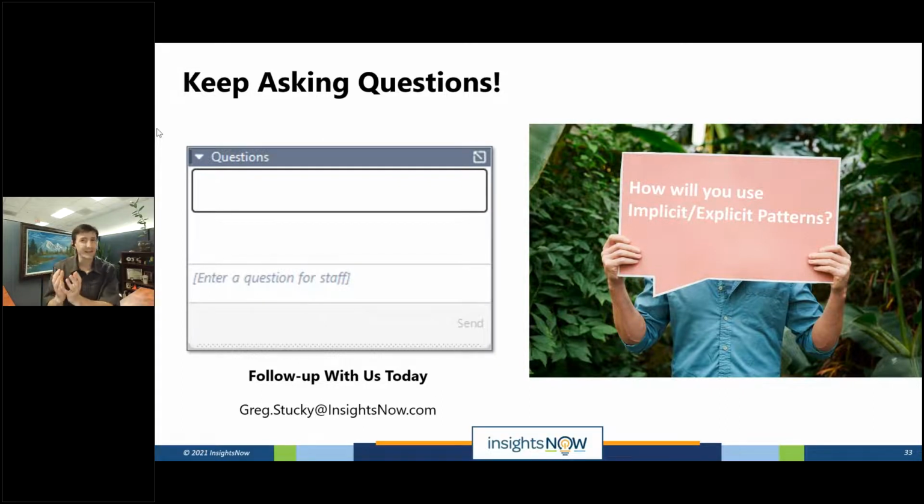Is 20% of the people I'm targeting in this research, is that a big enough chunk of people that I can make good money with this innovation? If yes, that's a great opportunity. If you go, no, actually it's kind of small, it's not really going to get me to my ROIs, then that would be something you would say, okay, good for some people, but not for our brand.